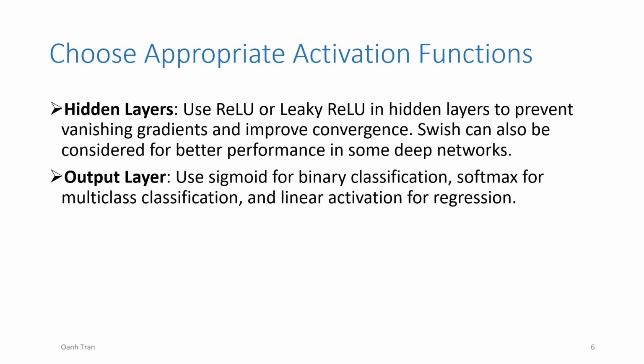And to choose the appropriate activation function, here's a guideline for you. For the hidden layer, you should use ReLU with its variants to prevent vanishing gradients and improve convergence. Swish can also be considered for better performance in some deep networks.